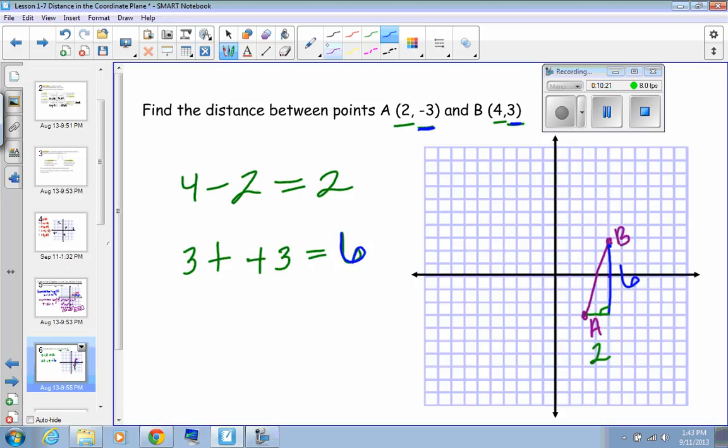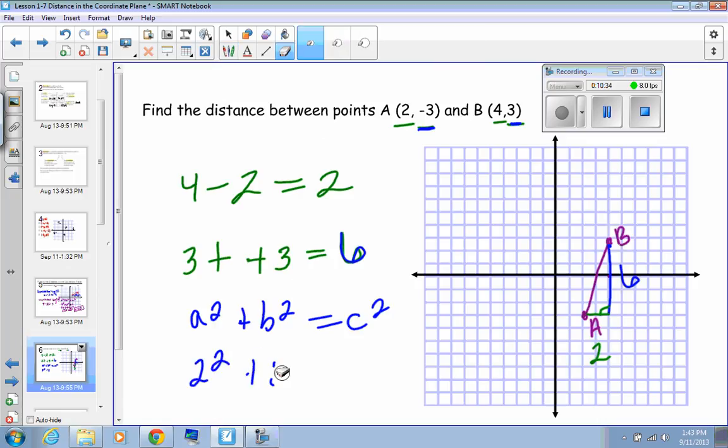Now we're going to use the Pythagorean theorem. A squared plus b squared equals c squared. So 2 squared plus 6 squared, which will give us 36, equals c squared.